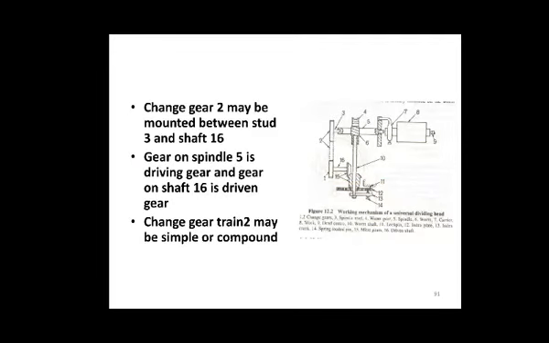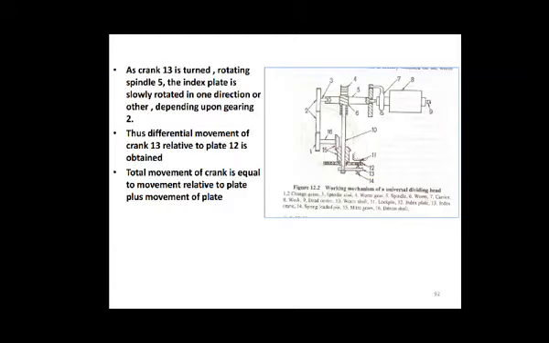Change gear may be mounted between the stud and the shaft. Gear on the spindle is the driving gear and gear on the shaft is the driven gear. Change gear train may be simple or compound.